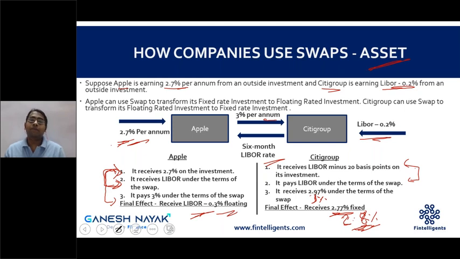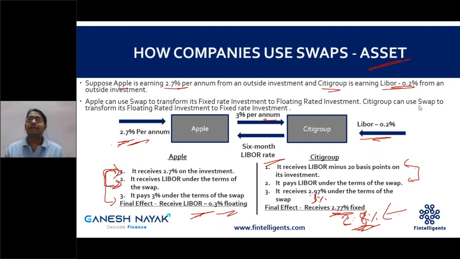So we should convert it into a fixed rated asset. So we will combine that original floating rated asset with the swap, and we'll convert it into a fixed rated asset, that is 2.8%. This was the entire transaction that companies actually use to convert their assets from floating to fixed or fixed to floating. Now let me give you a simple example.